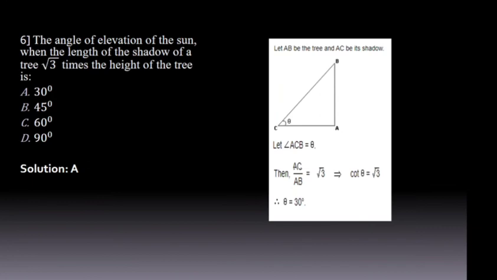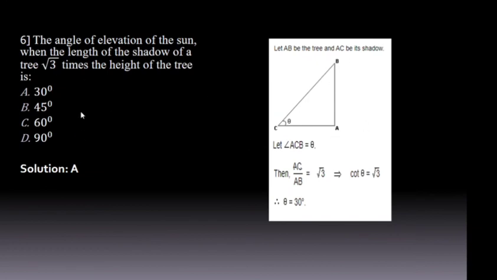You will say that the data is inadequate, but it is not the case. The relation between the height and the distance is given. So you must clearly mark that particular relation.